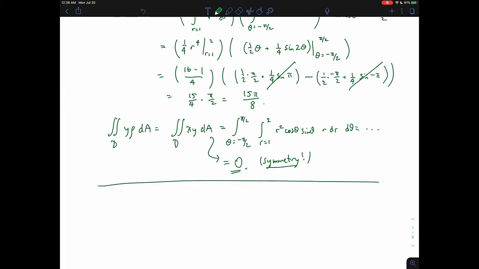Okay, now that we've evaluated those integrals, we can use them to find the location of the center of mass. This is sometimes written x bar, y bar. It's just the average x value and the average y value.